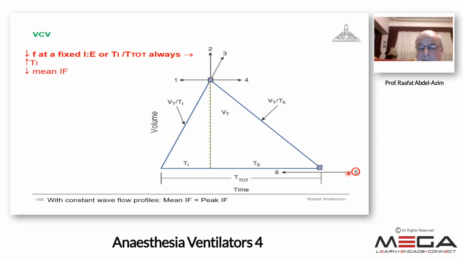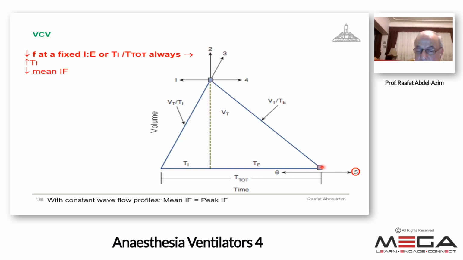Here we have point number 5, that is moving the end expiratory time to the right side. This means that if we keep a fixed I:E ratio and decrease the frequency, because we lengthened this line from this point to this point in the previous example, lengthening means increasing the respiratory cycle time.